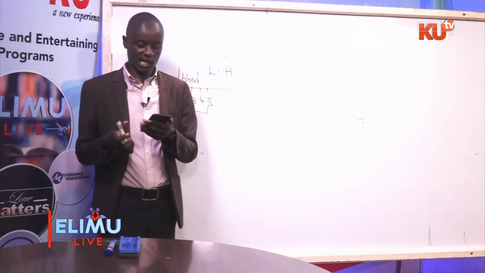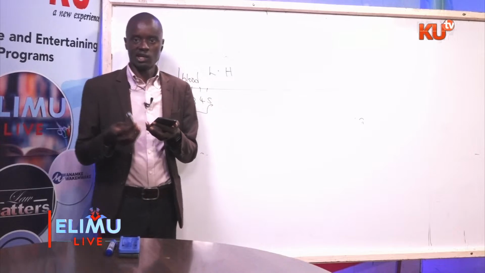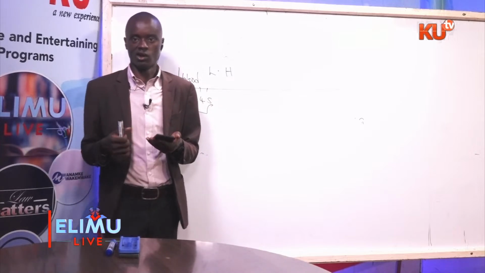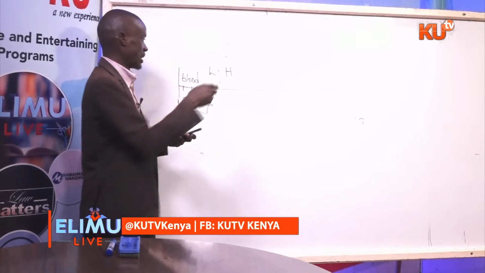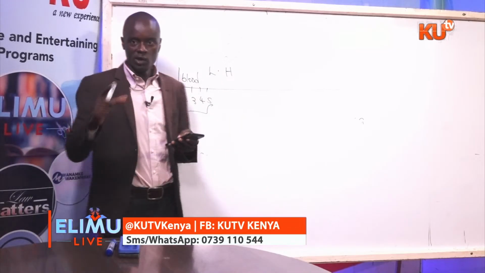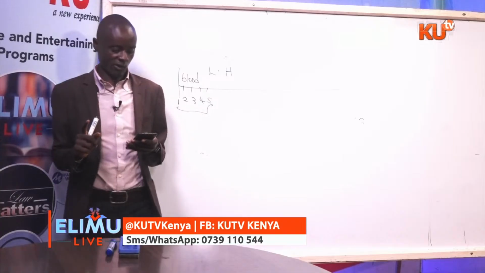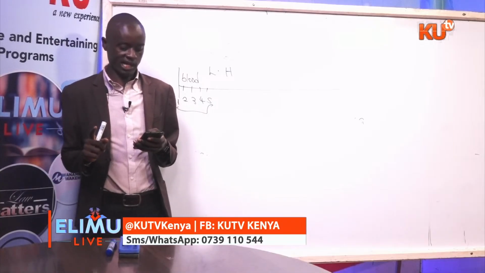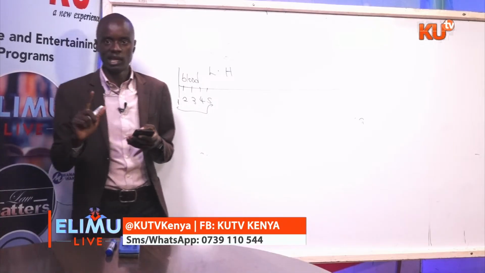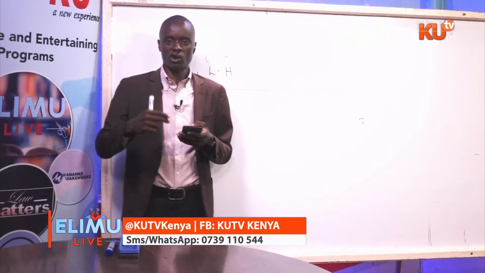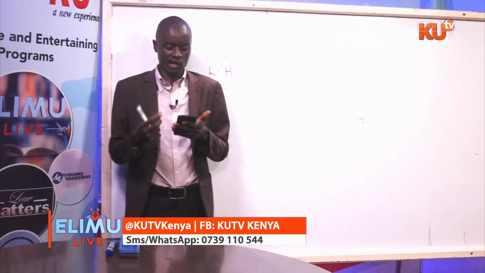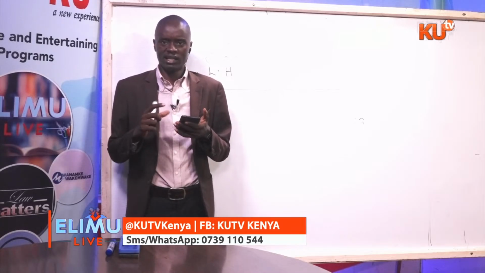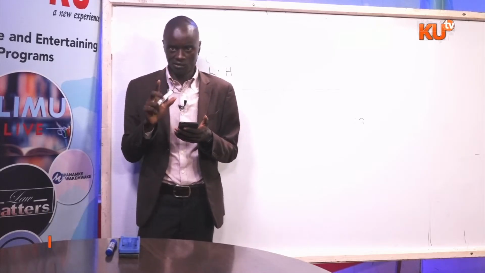Then after that, the estrogen will stimulate the release of luteinizing hormone, which is abbreviated as LH, which is important in the following ways. The major roles. Number 1, it stimulates the maturation of Graafian follicle.